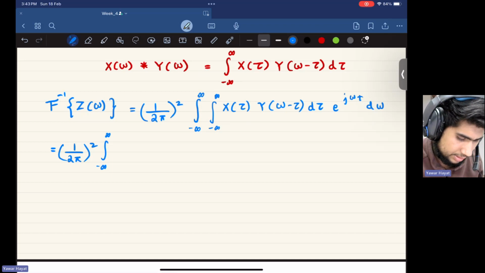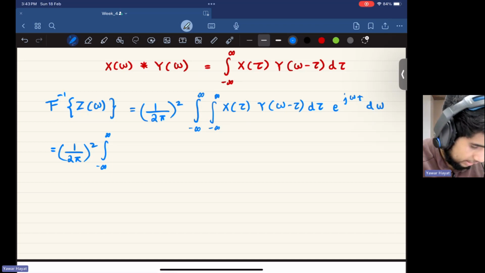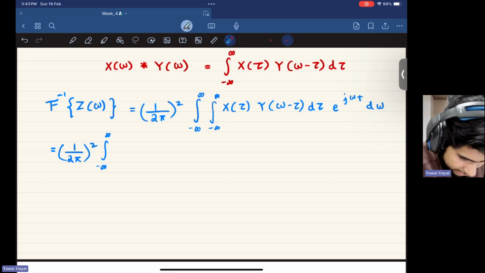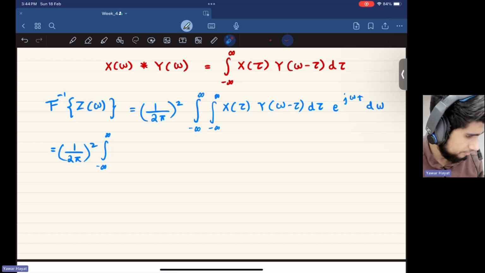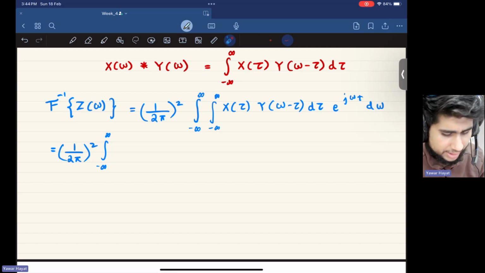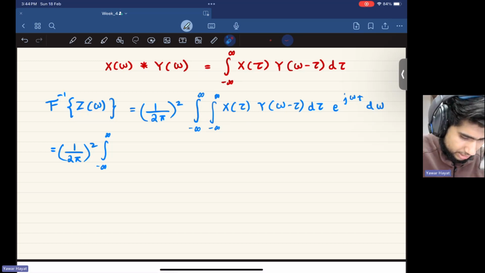See, I can take this out since this does not depend upon omega. And I'll multiply by e to the power j tau t and e to the power minus j tau t.